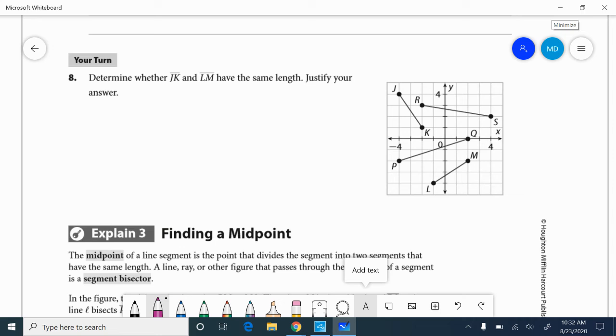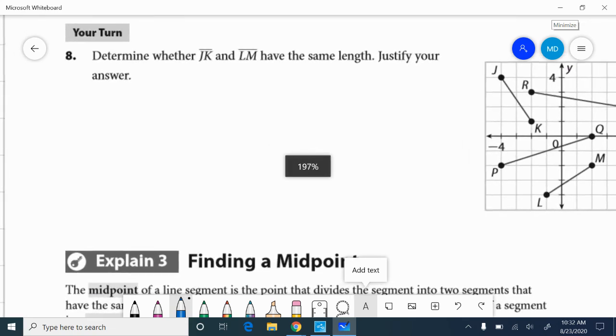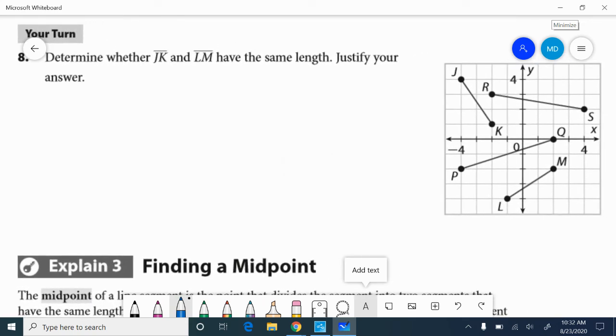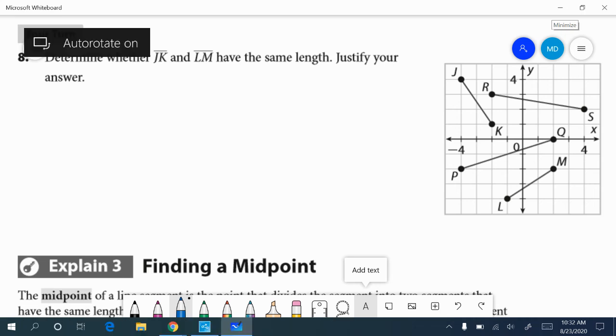So let's start by identifying the coordinates of the points that we have. We need the coordinates for J, K, L, and M. Our coordinates for J are -4, 4.